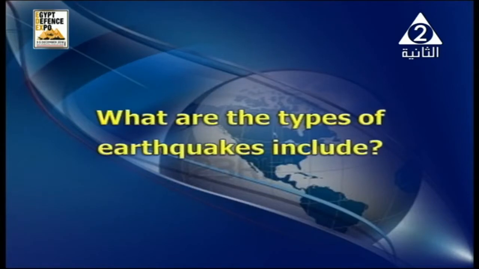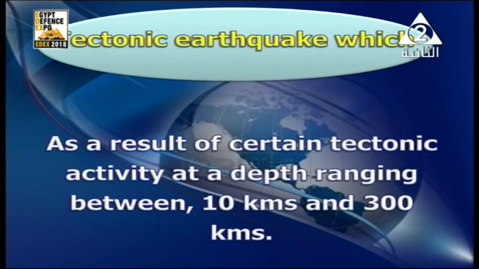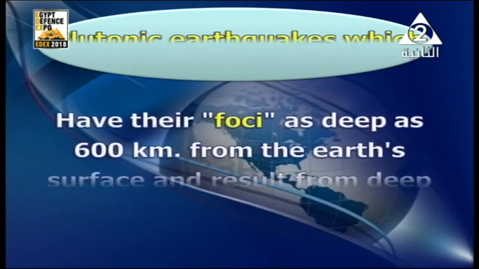Earthquakes. What types of earthquakes are there? We have volcanic earthquakes, which occur before and during volcanic eruptions. Also, we have tectonic earthquakes, which result from tectonic activities, at depths ranging between 10 kilometers and 300 kilometers.